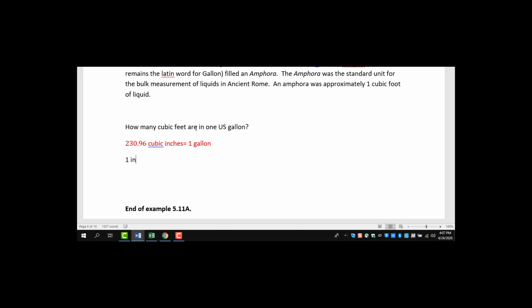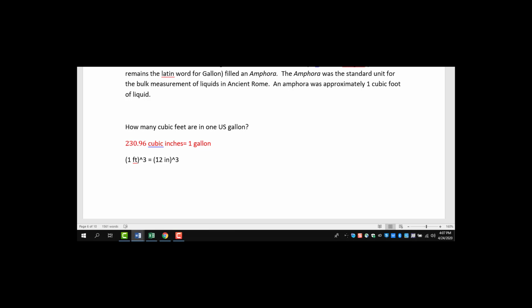Yes. 1 foot equals 12 inches. So if I cube both sides, raise that side to the 3rd power, and raise that side to the 3rd power, which is cubing.